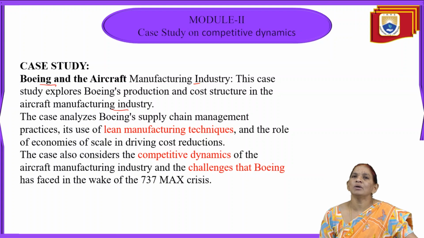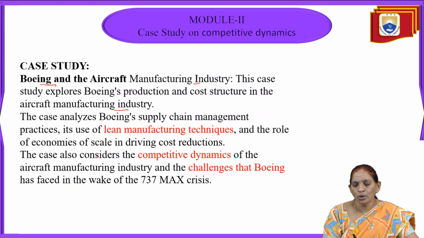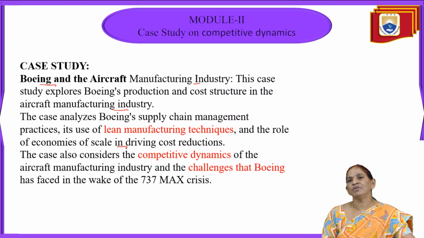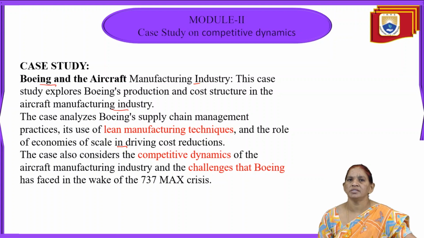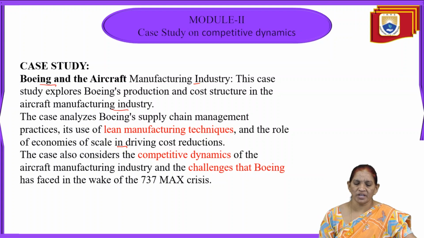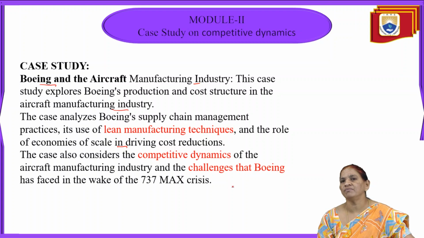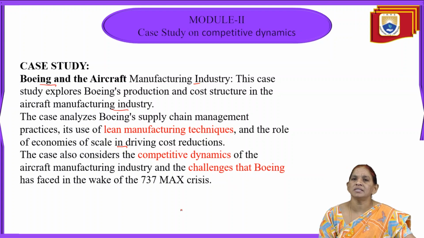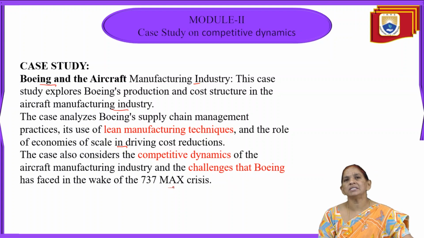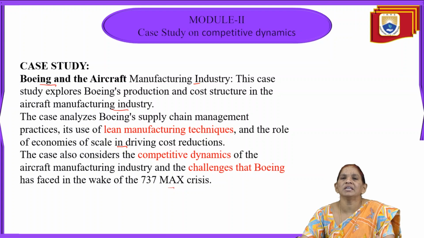That means analyzing Boeing's supply chain management practices, and how the latest techniques like lean manufacturing and the role of economies in driving cost reduction were enhanced in Boeing's aircraft manufacturing. Along with that, the competitive dynamics of the aircraft industry, considering the challenges Boeing faced in the 737 MAX crisis. So, this is the case study we can go through relating to the aircraft industry.